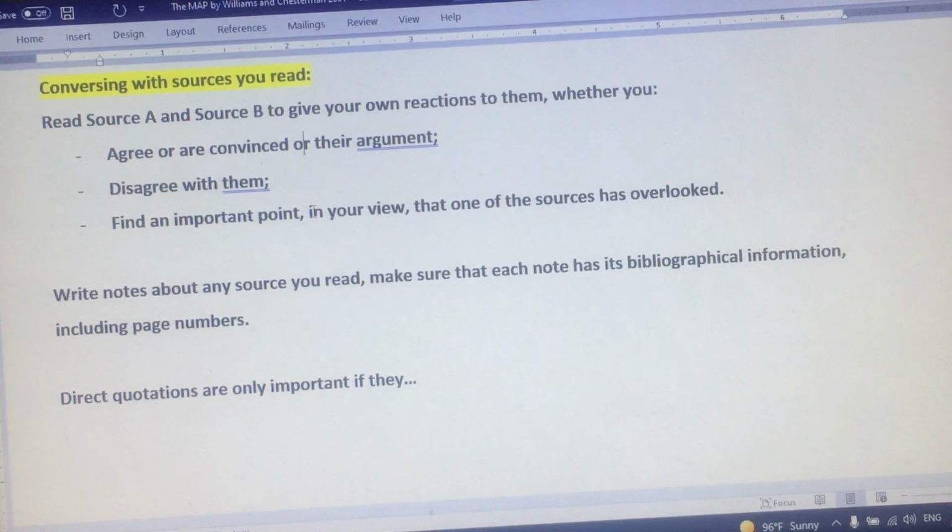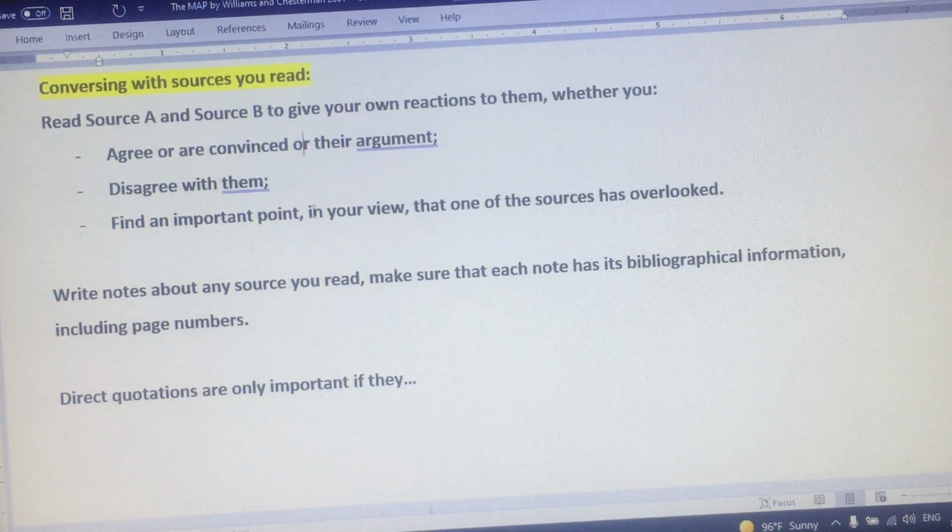Because if you don't write, next to each note, the bibliographical information, including page numbers, then later you might find that for some of the quotations you don't know who said them, in which book, what the page numbers are, and what the dates are, and so on.